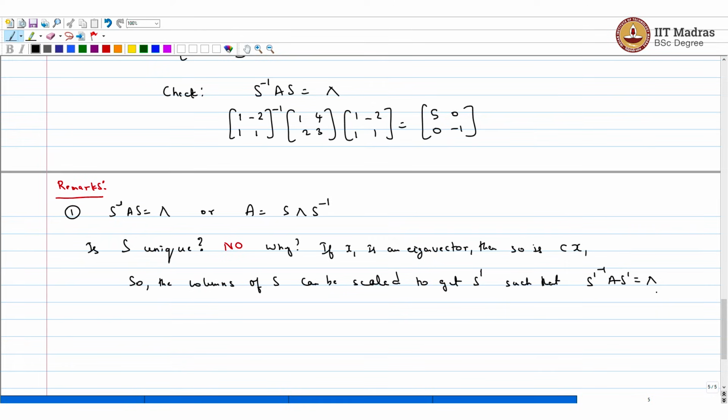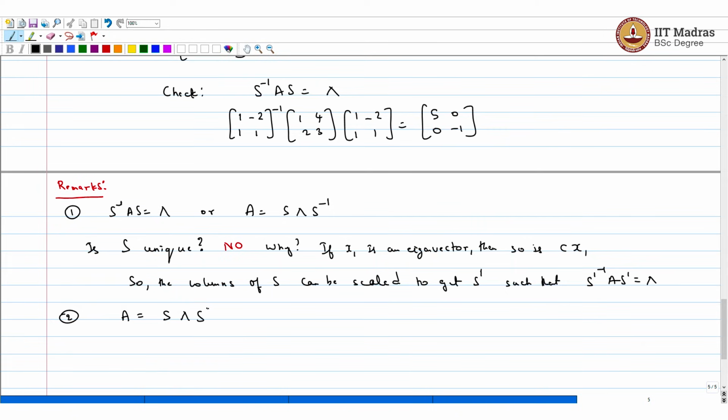The diagonal matrix will not change. The diagonal entries are all eigenvalues, that won't change, but the matrix containing eigenvectors will change. Now that is something that we will make precise in the second remark.